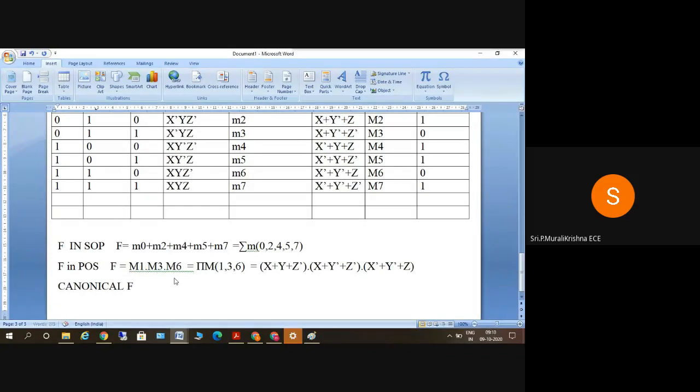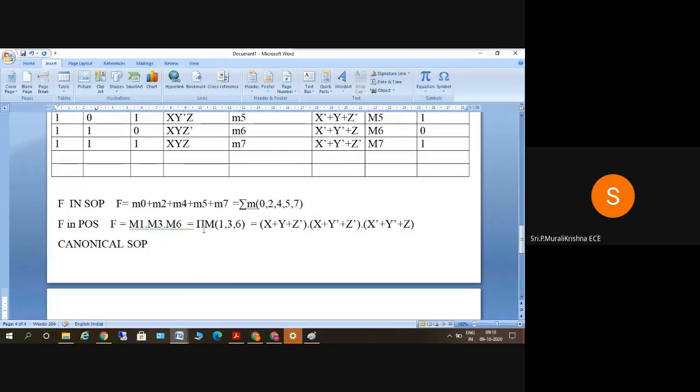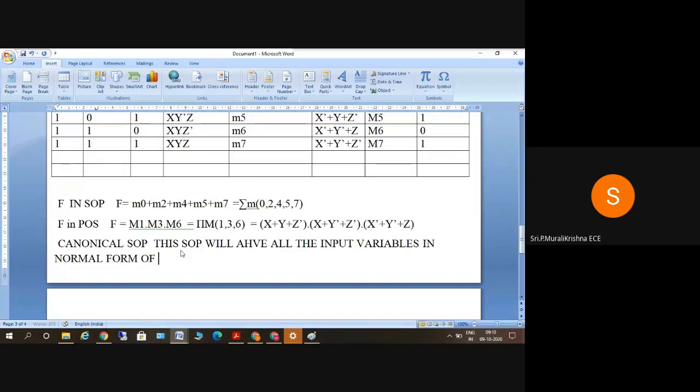So canonical form, if I say canonical sum of the products, this sum of the products will have all the input variables in normal form or complement form.